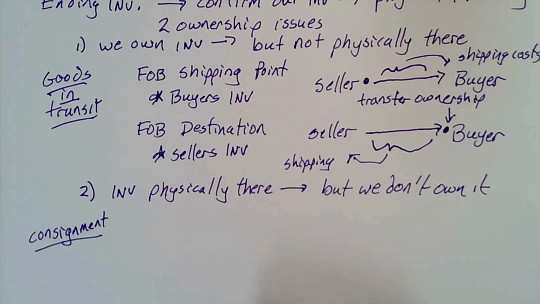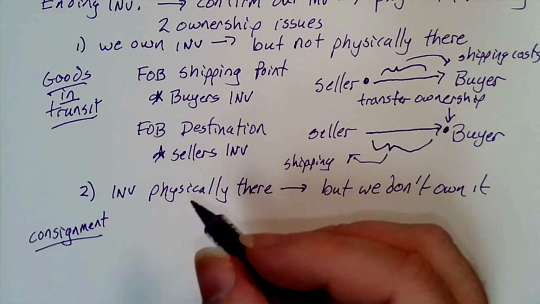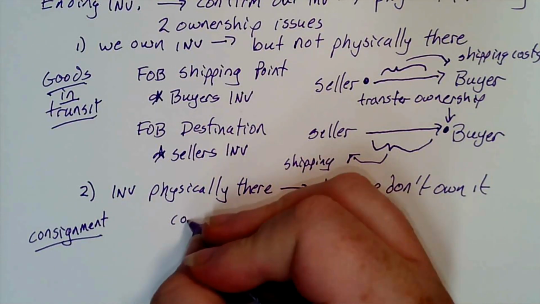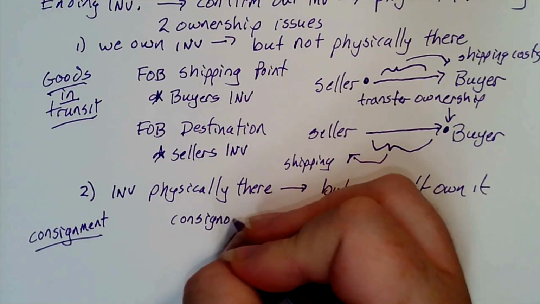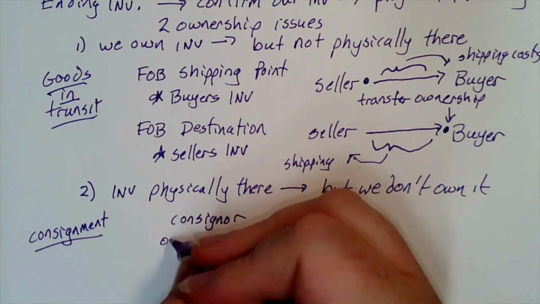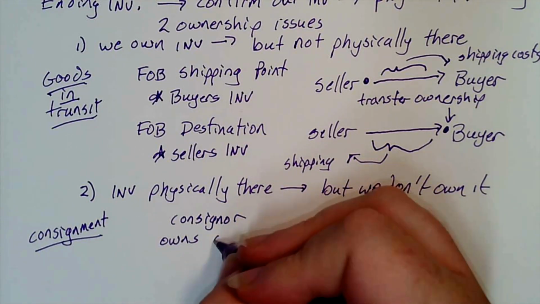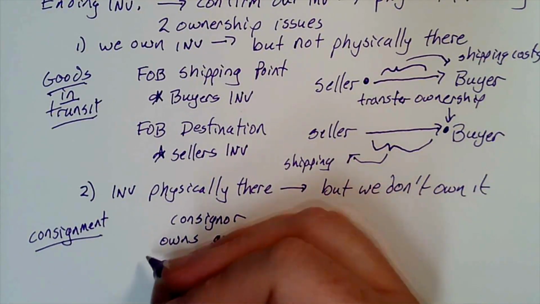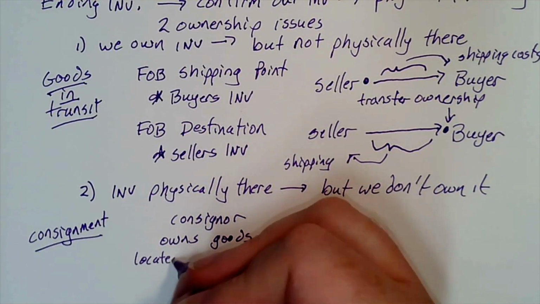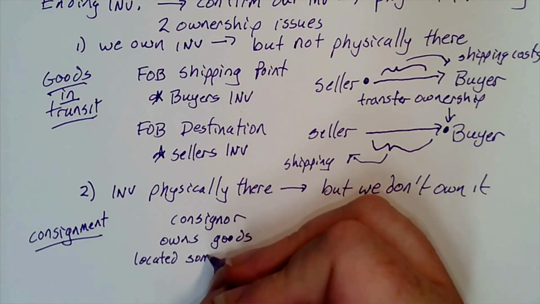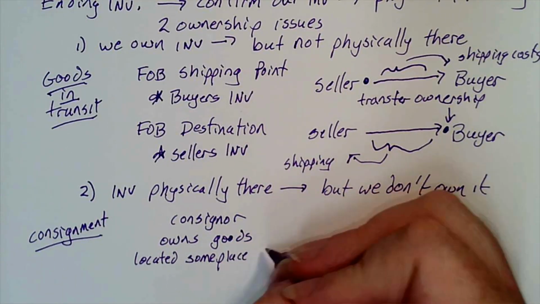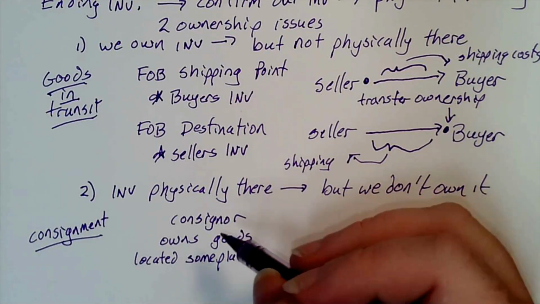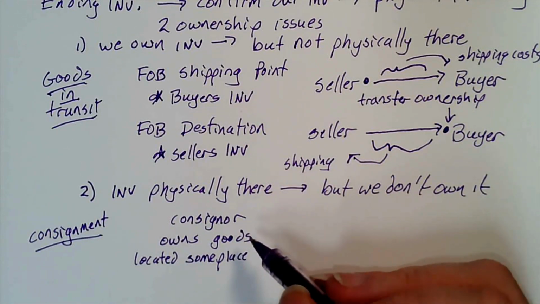So we have to have two different people involved here. We have the consignor. That's the person who owns the goods, but they are located someplace else. So this is a situation where we own the inventory, but it's not physically there. That's the consignor.